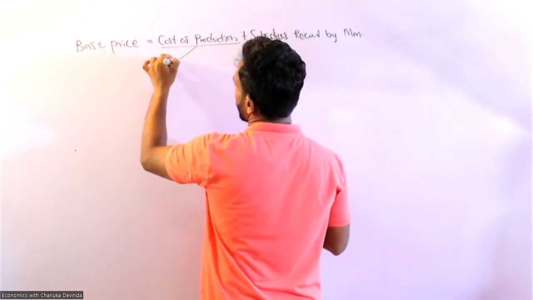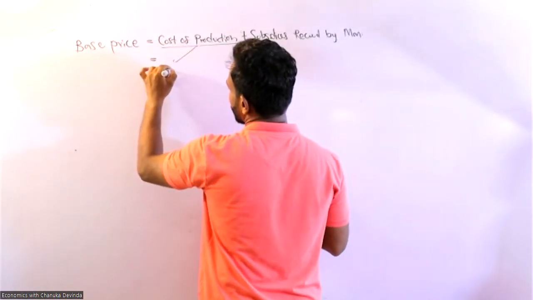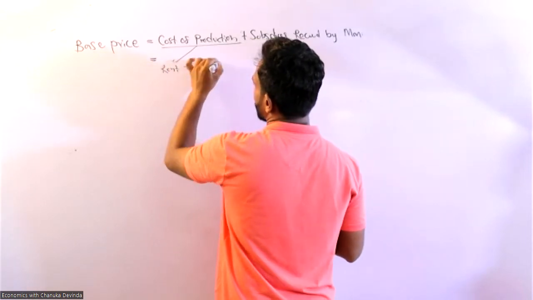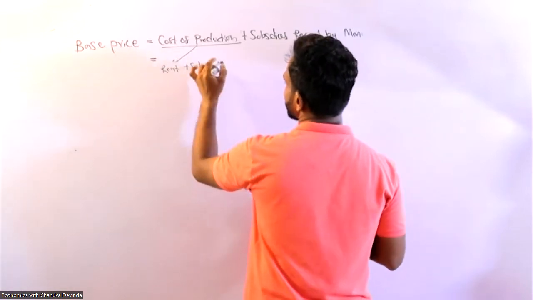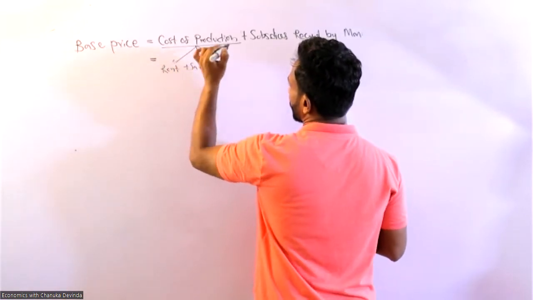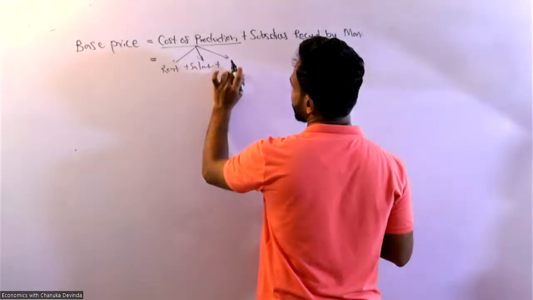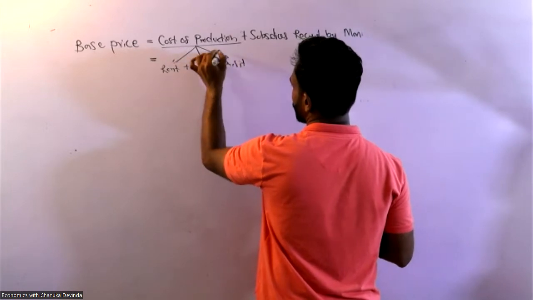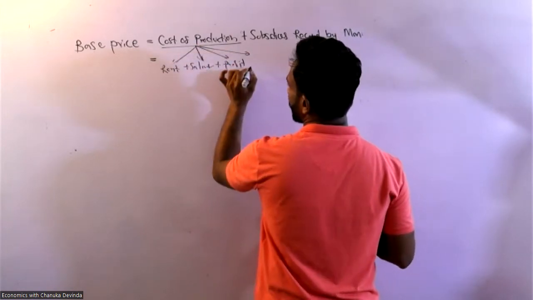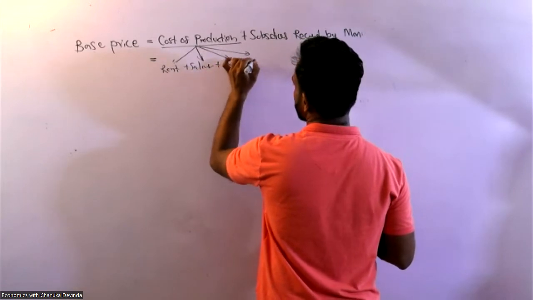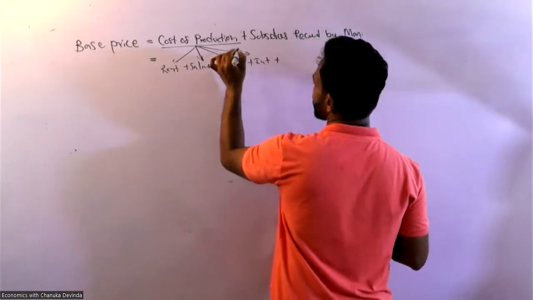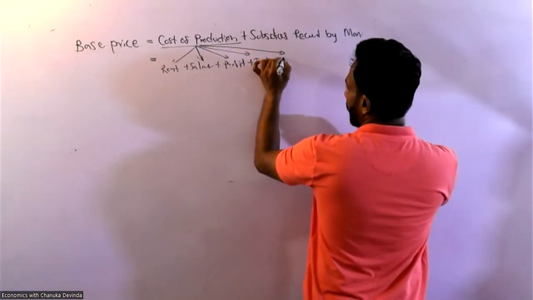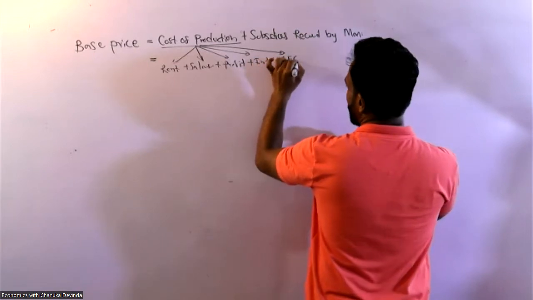So rent plus salaries plus profit and interest plus also CFC, consumption of fixed capital.